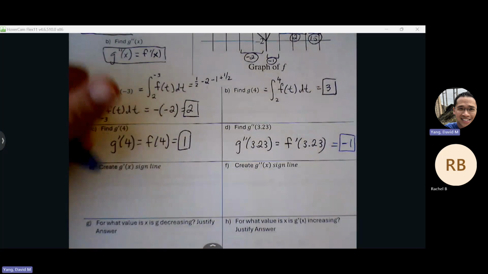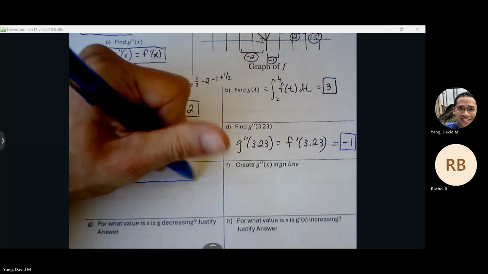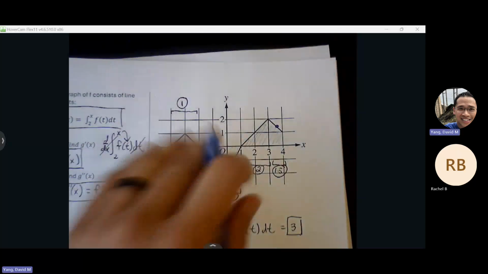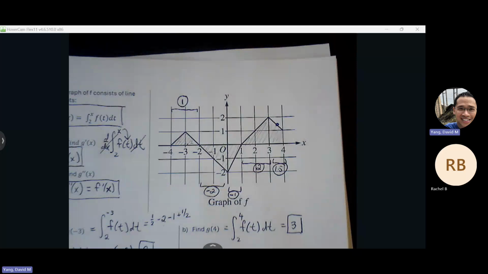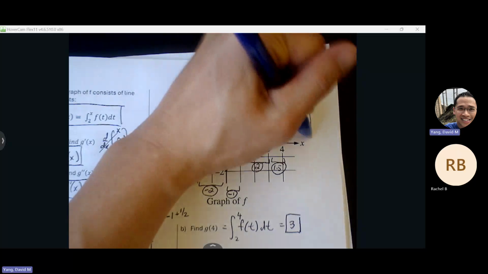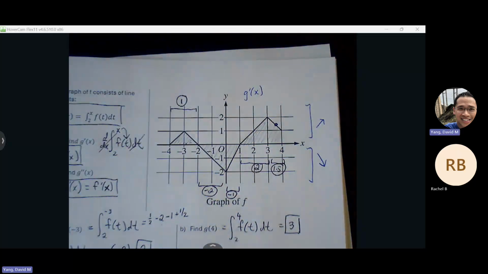All right, create your G prime sign line, understanding this is the G prime graph. If we label accordingly, above is positive slope, below is negative slope.